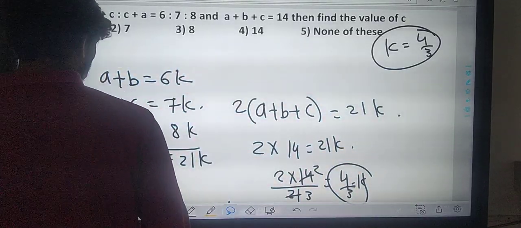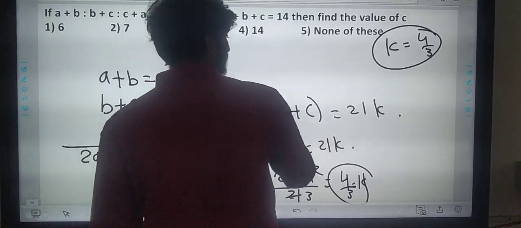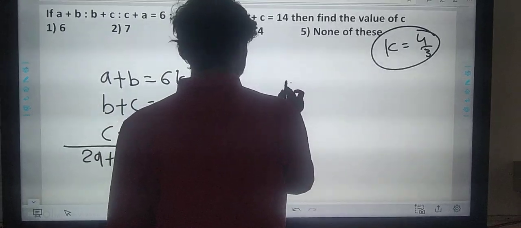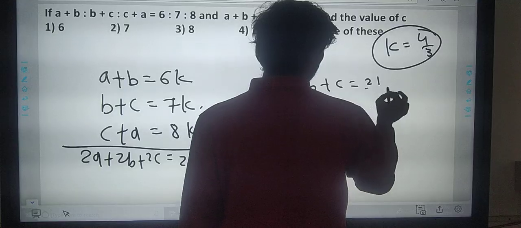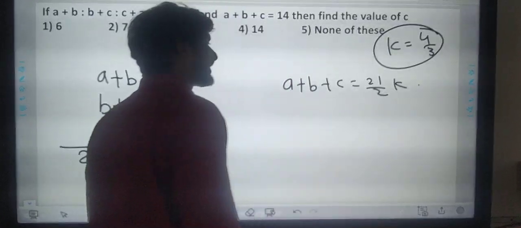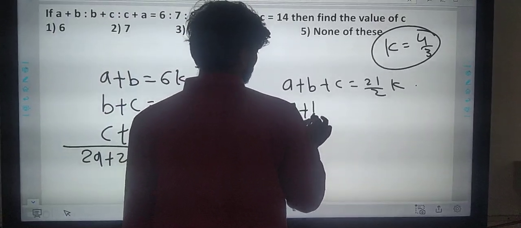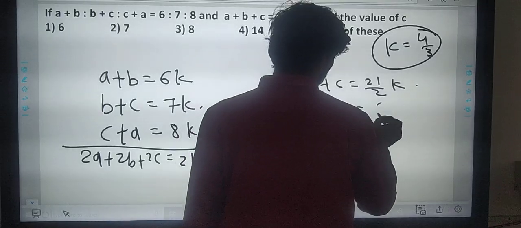Now here k is 4 by 3. We find C. Then here we write A plus B plus C is equal to 21k upon 2. Then we find C: subtract A plus B. A plus B plus C minus (A plus B) is equal to 21k upon 2 minus 6k.